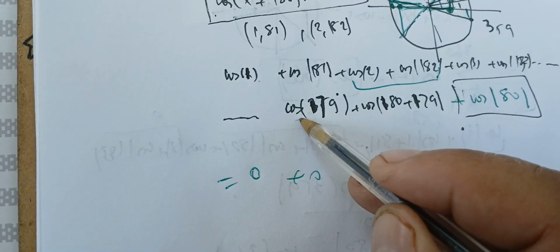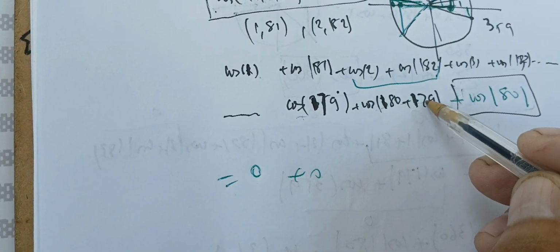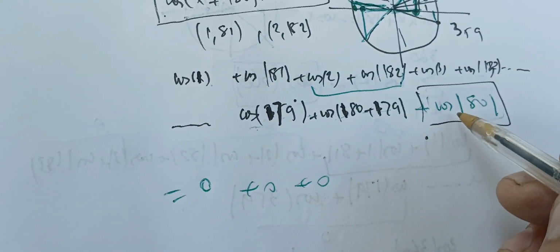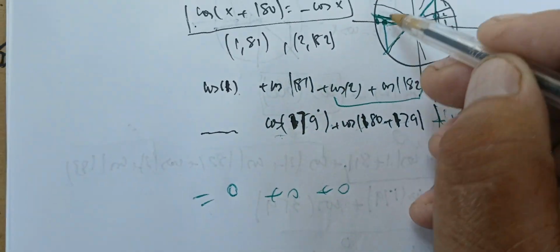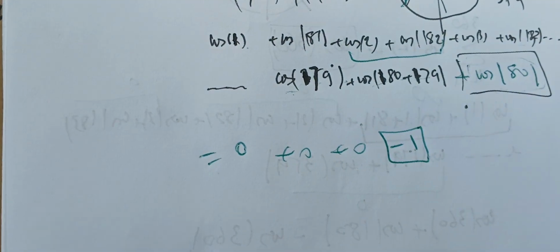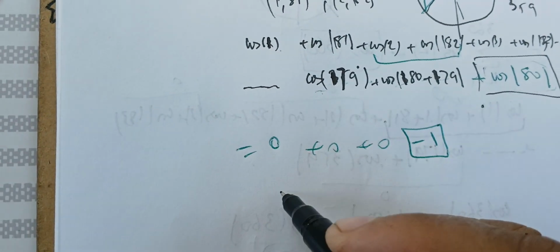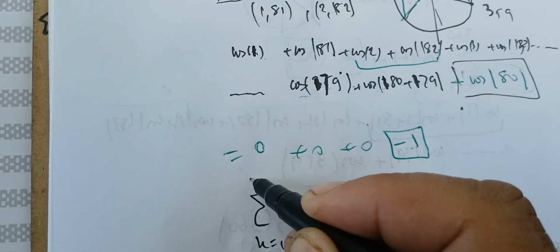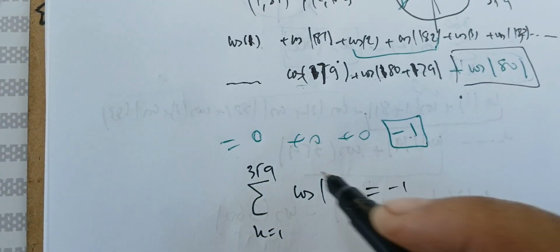The cosine of 179 plus the cosine of 180 plus 179 is 0. And the only one left is the cosine of 180, and that's minus 1. This means that our sum, cosine of k, k going from 1 to 359, is -1.